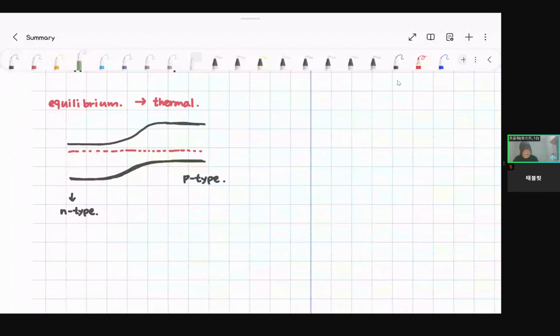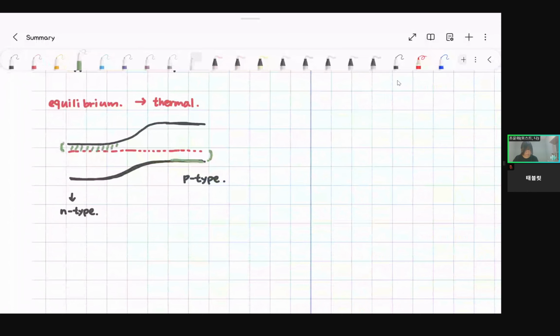Then we also know that in the N-type case, the conduction band to Fermi level gap is narrower than the Fermi level to valence band gap in P-type.